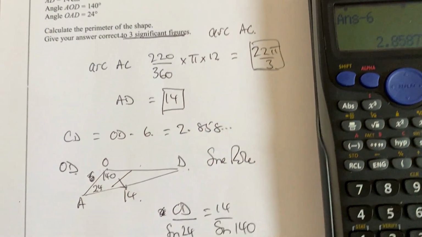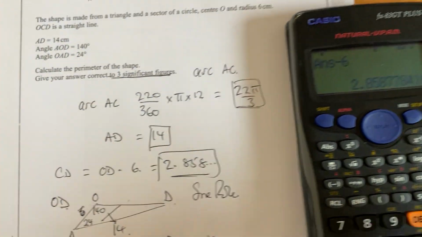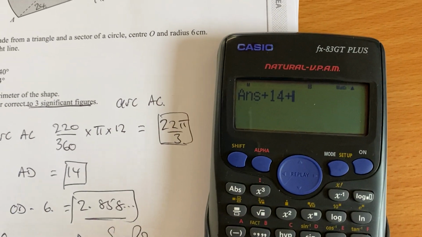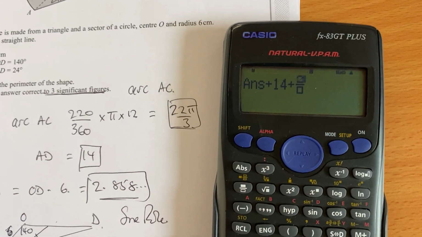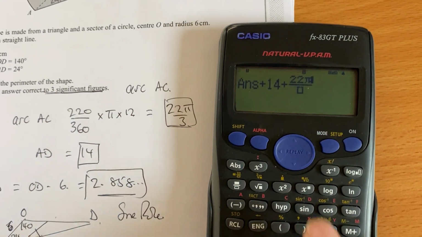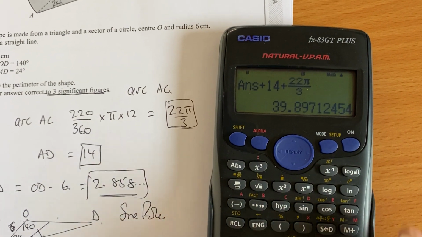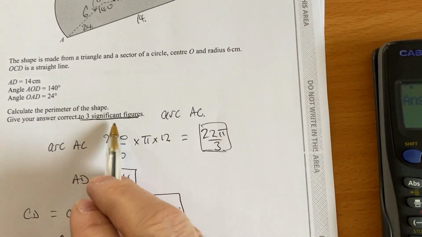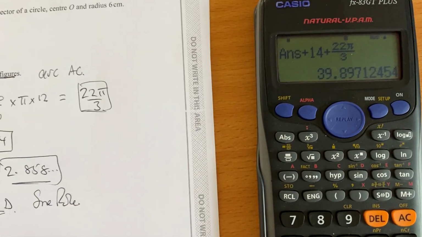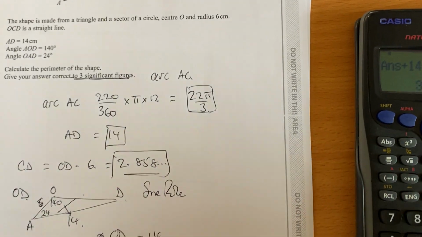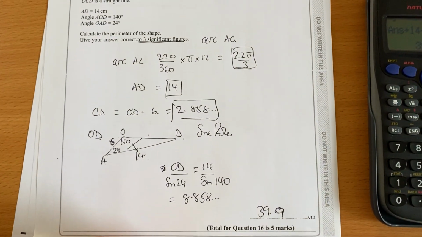So now I've got to add that value plus the 14 plus 22 pi over 3. So fraction 22 shift pi all over 3, move the arrow across, press equals. 3 sig fig, 39.9. Make sure they can see it's a 9. There you go. Okay.